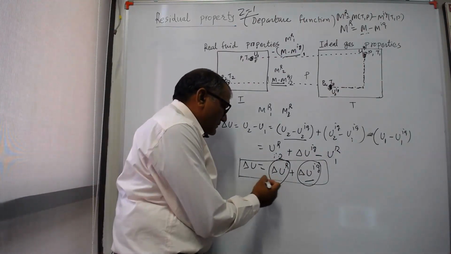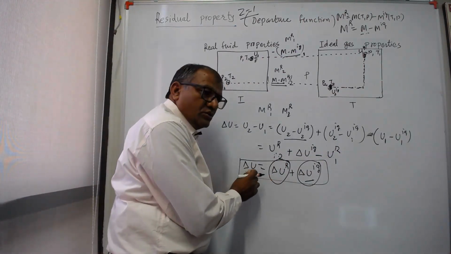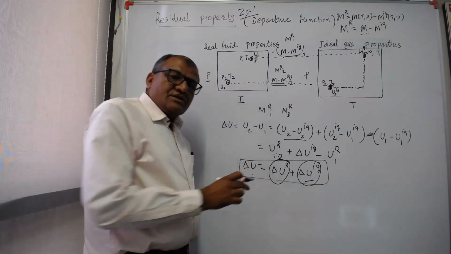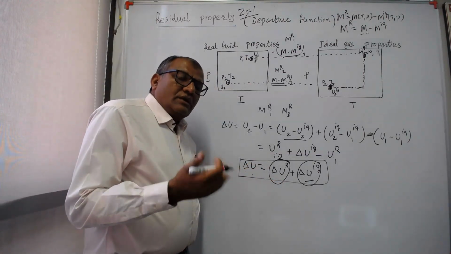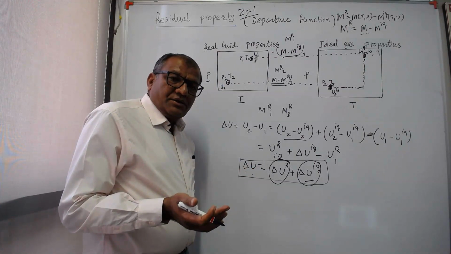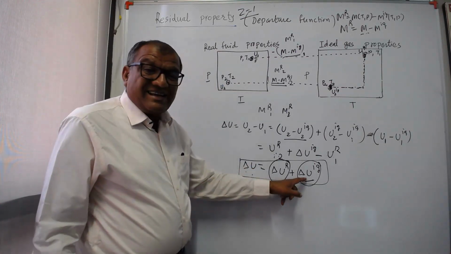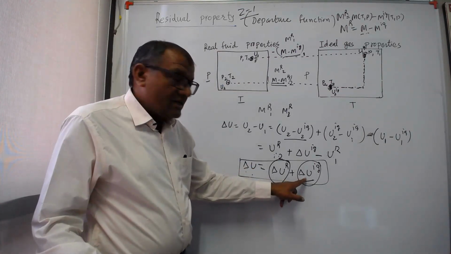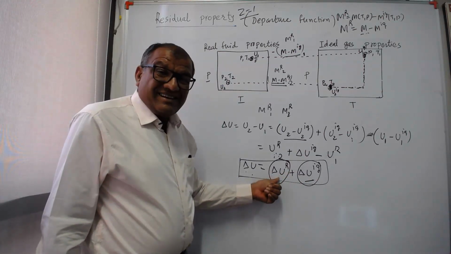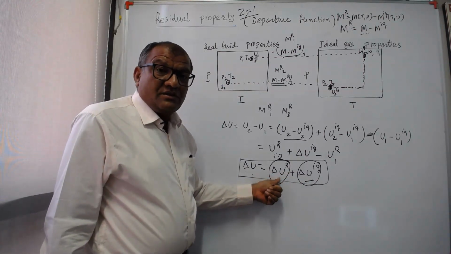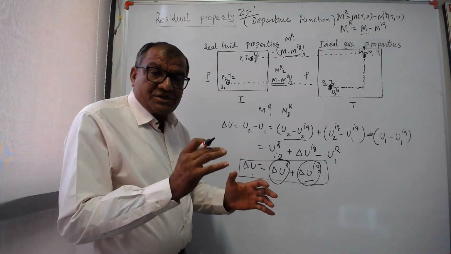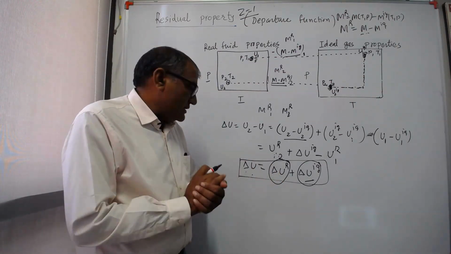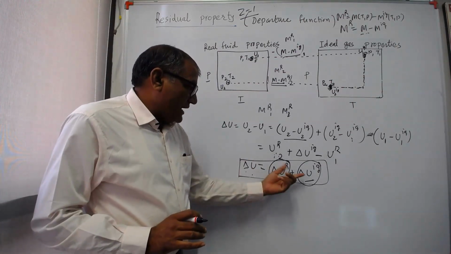And the other, if I want to calculate property change for any real gas, then I need to know two terms. The one is change in the property for an ideal gas, and the other is residual property change, means what is the deviation between real gas and ideal gas, and that can be added.